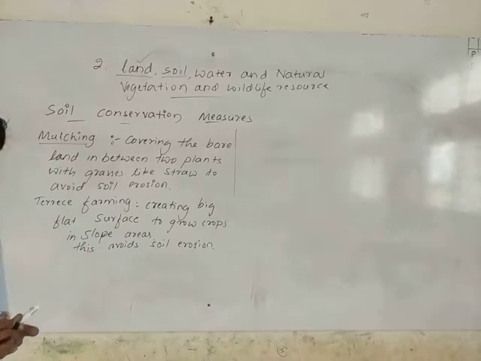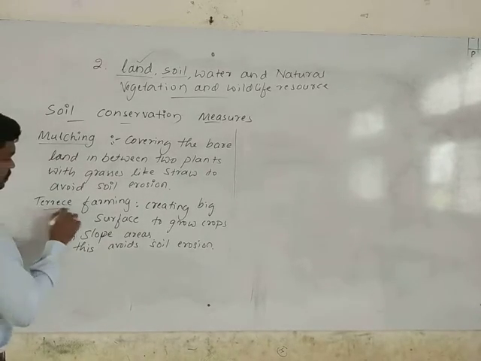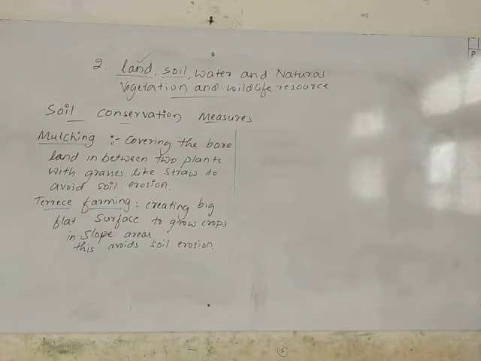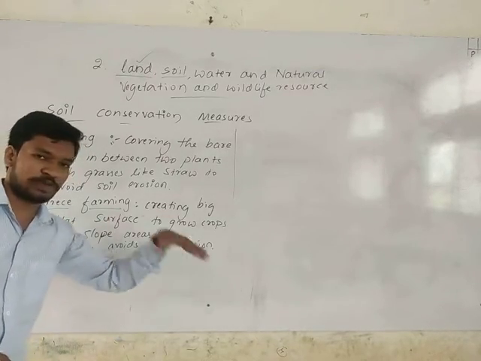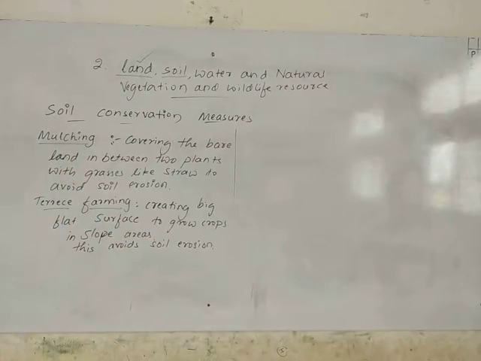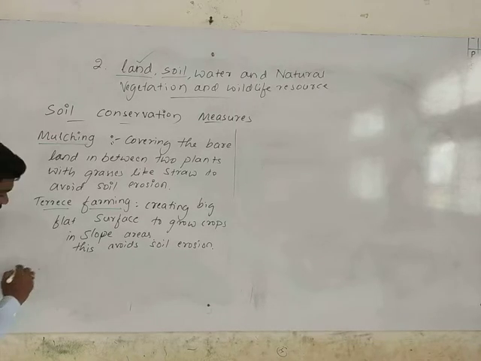So it's one of the measures, one of the steps, to avoid the degradation of soil in the slopey areas. It's terrace farming. The next one we have is about contour barriers.